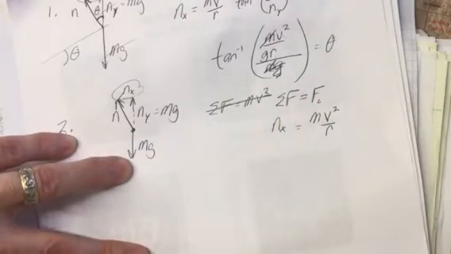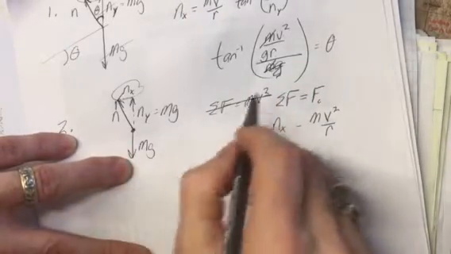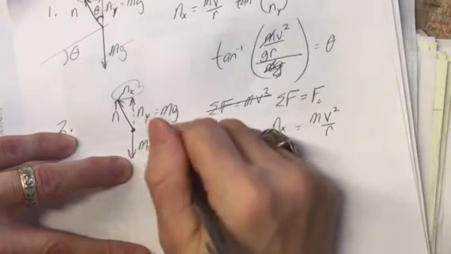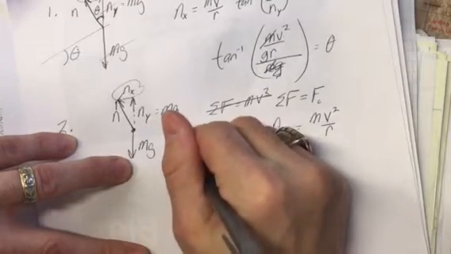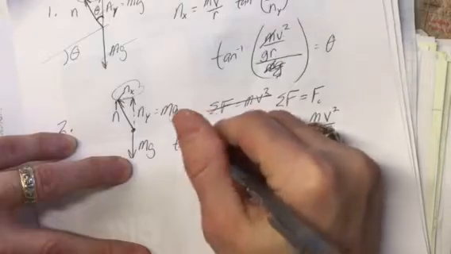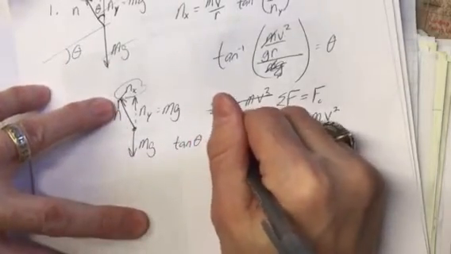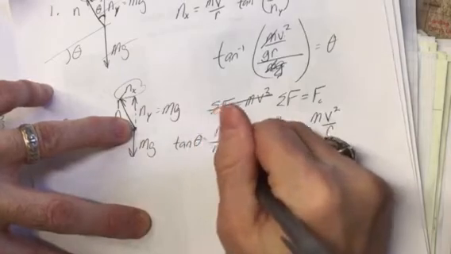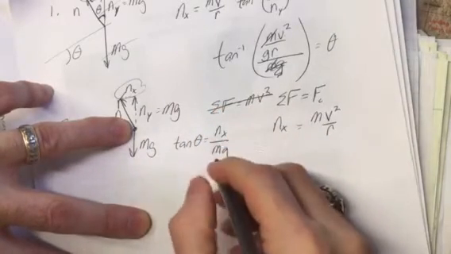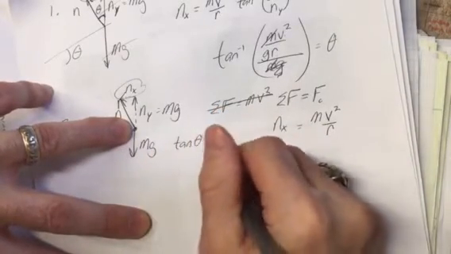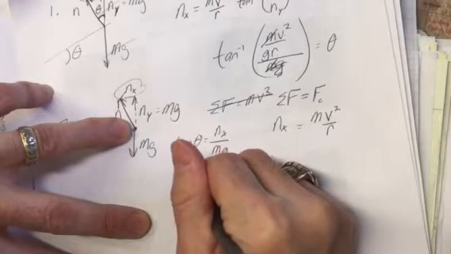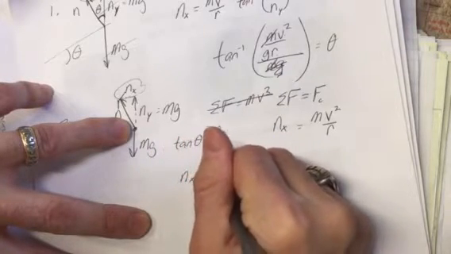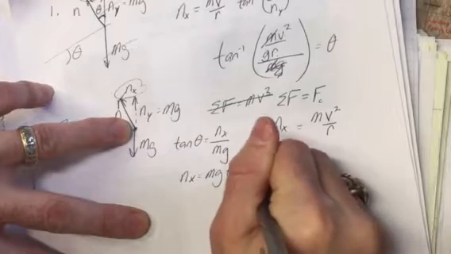Well, very similar to the first problem, but this time they give us the angle theta. So the tangent of that angle theta will equal the opposite side, nx, divided by our adjacent side, which is mg. And so all we have to do here is rearrange this, multiply both sides by mg, and we've come up with the fact that nx equals mg tangent of theta.